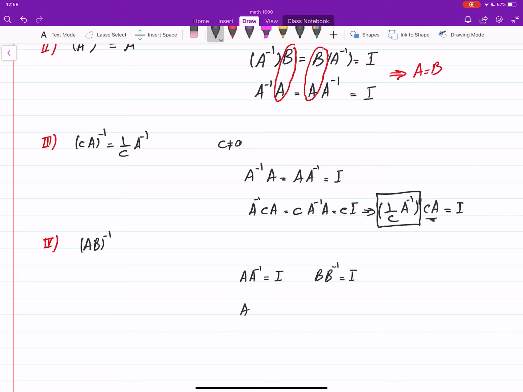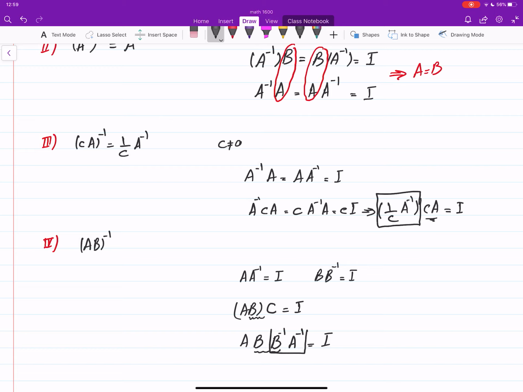Now I have AB. I'm looking for a matrix which, when I multiply this whole thing from left or from right, gives the identity matrix. So I can go one by one and first cancel B. I can write AB times B inverse, so this way I cancel B, and then I cancel with A inverse. This will give me the identity matrix.